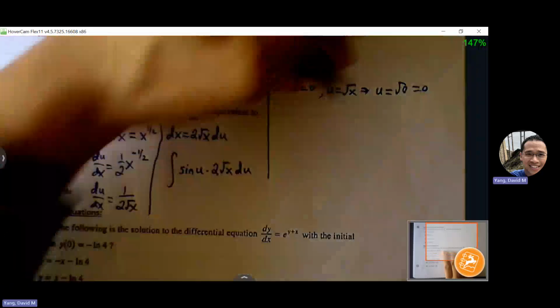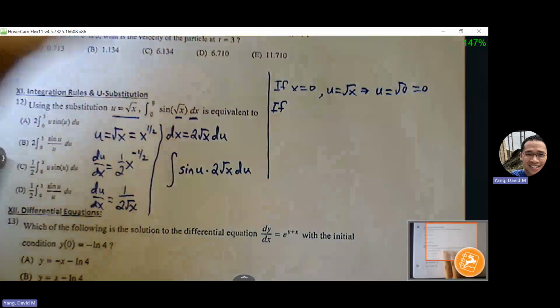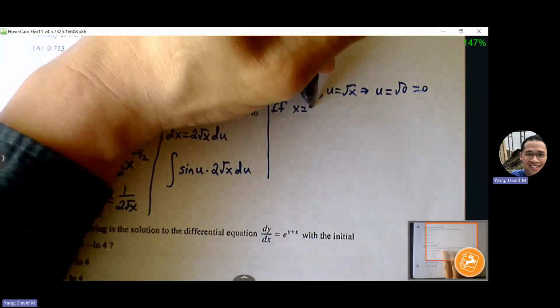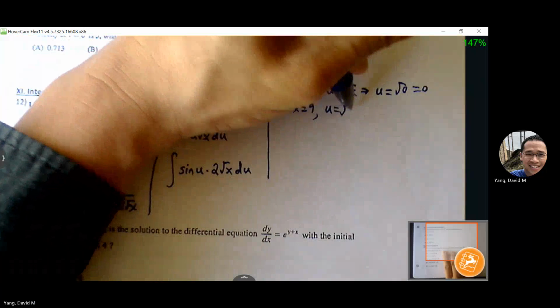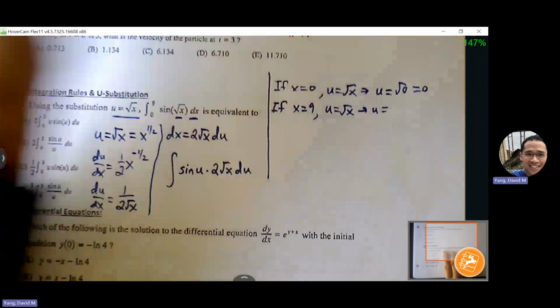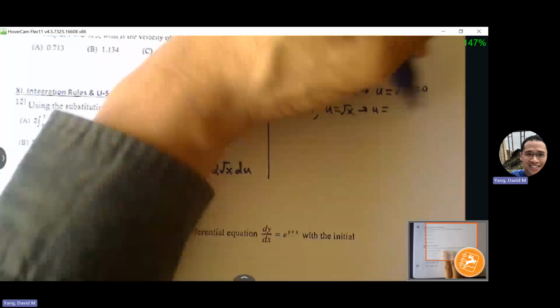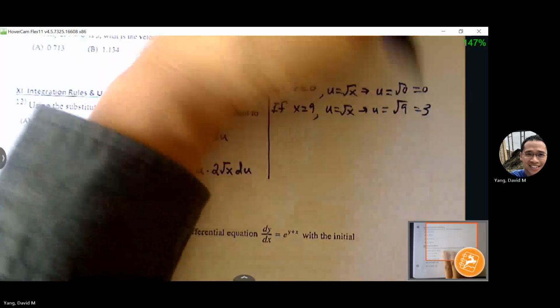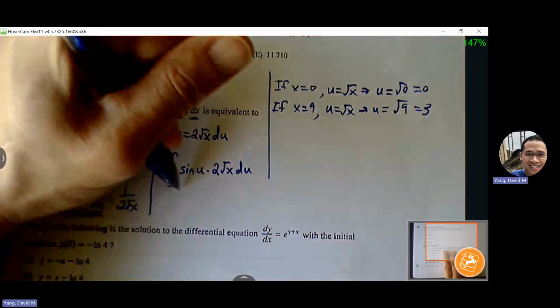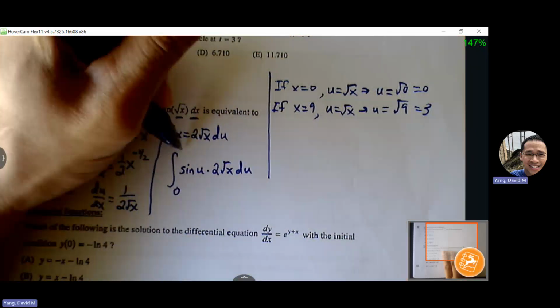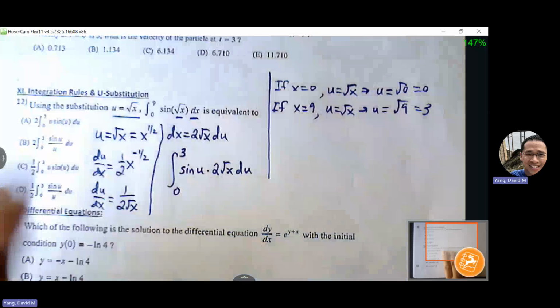If my original bound is x equals 9, and I want to get it in terms of u, u is equal to what? Root 9, which is 3. Okay, so I'm going to replace my bounds here. 0 stays 0. 9 turns into a 3.